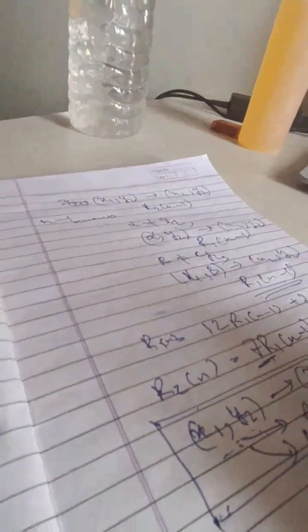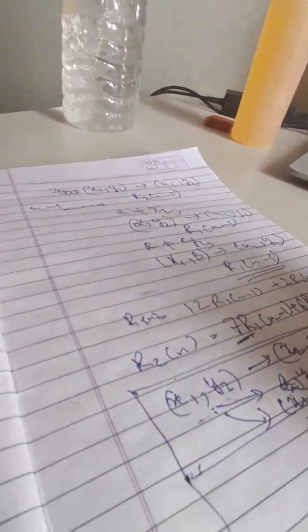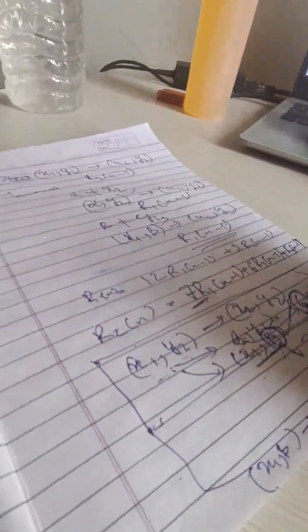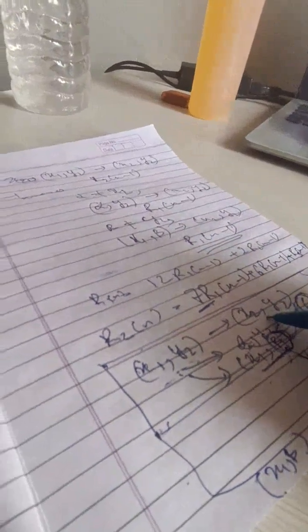And for alpha, there are 6 choices where it does not reach x2 y2.